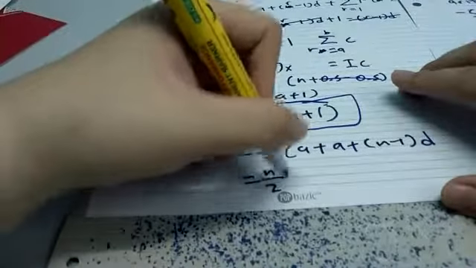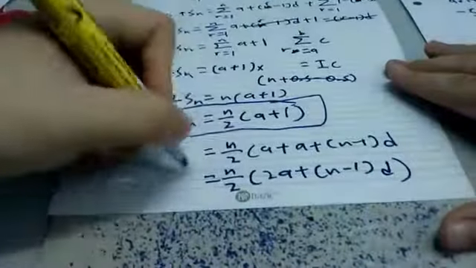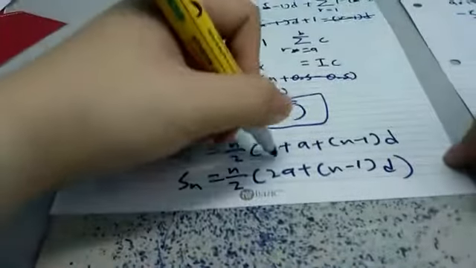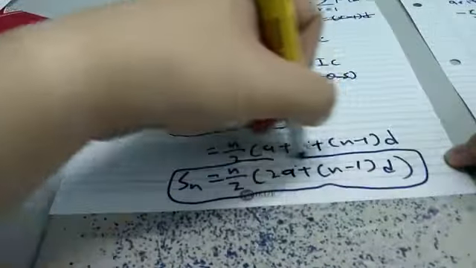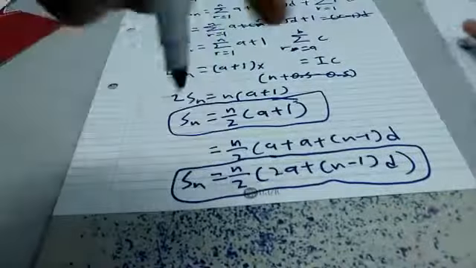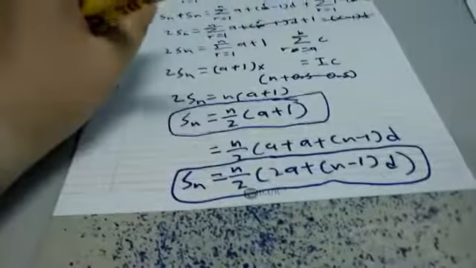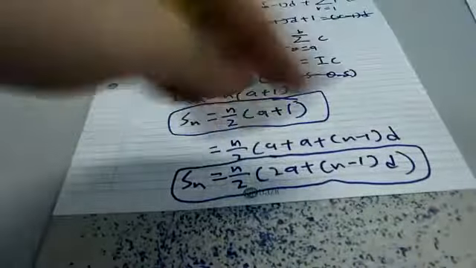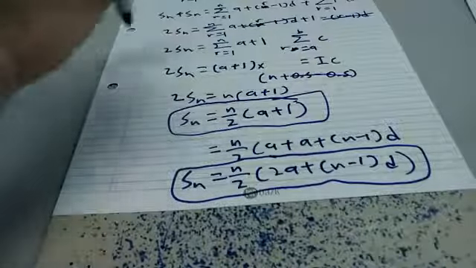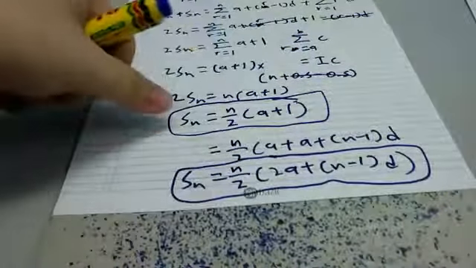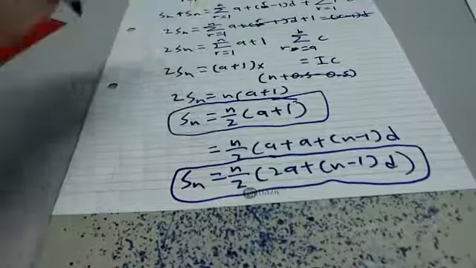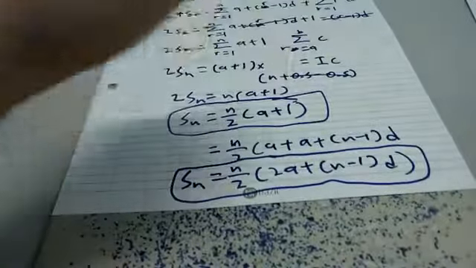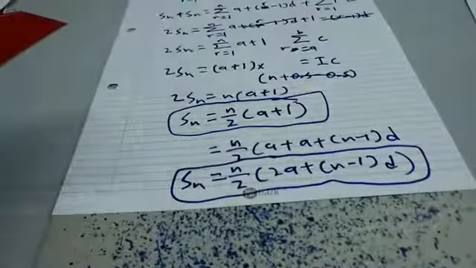This is n over 2 times (2a plus (n minus 1)d), and this is equal to Sn. This is also equal to this. So that's how we can get it by using the formula. We can summarize that we get these two different results, but we get the same answer after we substitute each of these values.